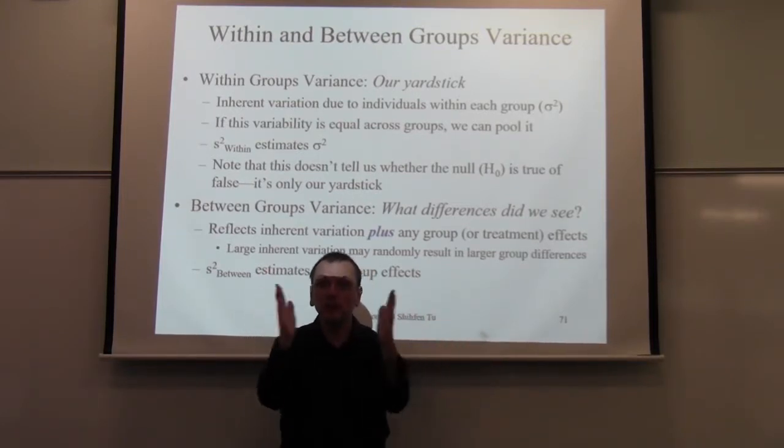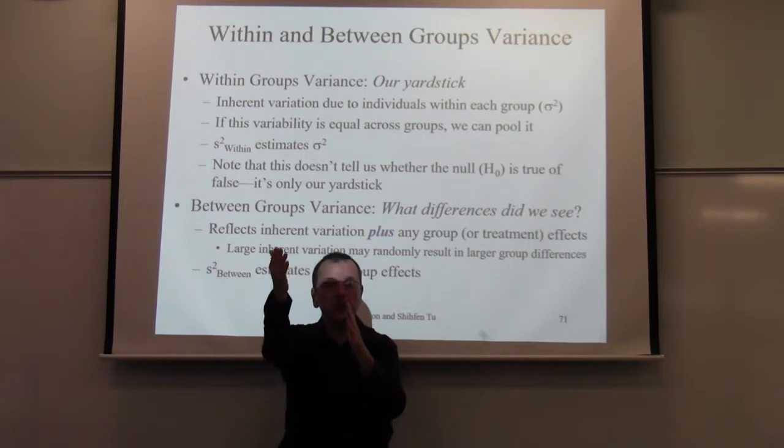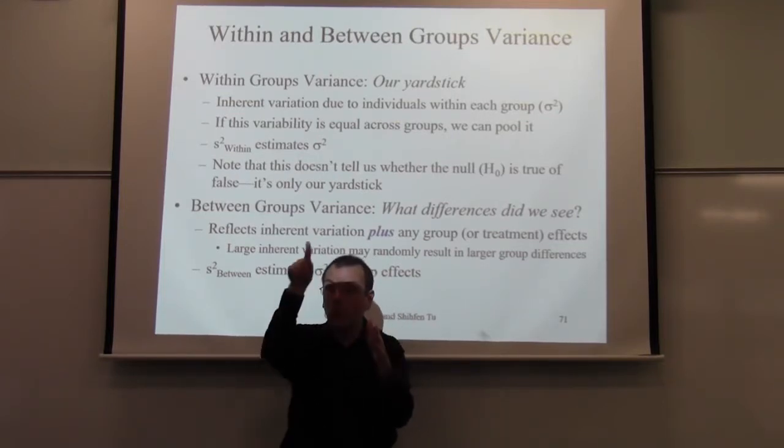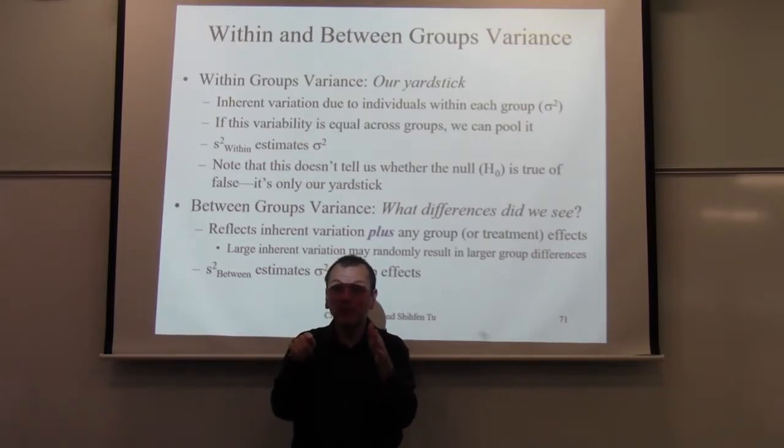But if you think about it, if the null is true, what does that tell us? We're kind of jumping ahead, but if the null is true and there are no differences between our groups, those three distributions are going to exactly overlap. In which case, the within group variance for all of them is exactly the same because they're completely overlapping, and there's no between variance at all. It's just like one big normal curve superimposed on itself 3 times.